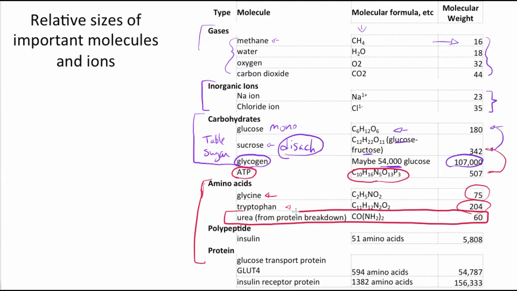Urea is a metabolic breakdown product of proteins. I'm not going to talk about metabolism in any great detail, but there are 2 types of metabolic reactions.